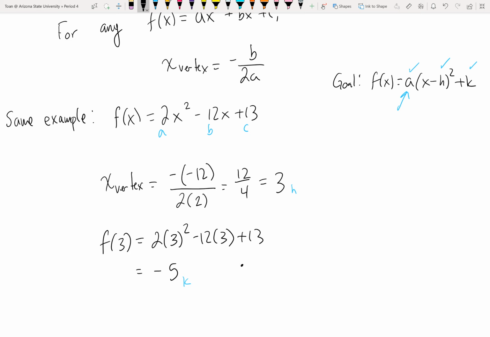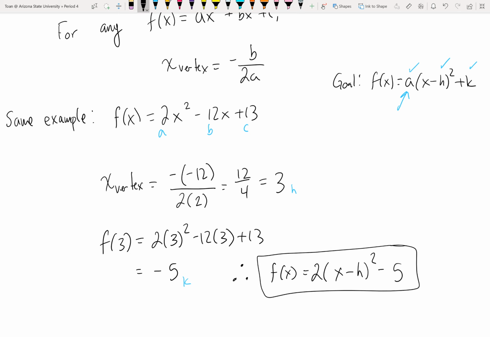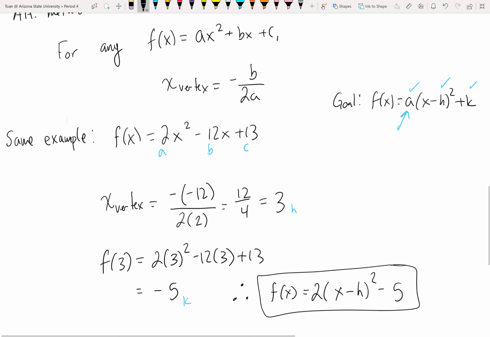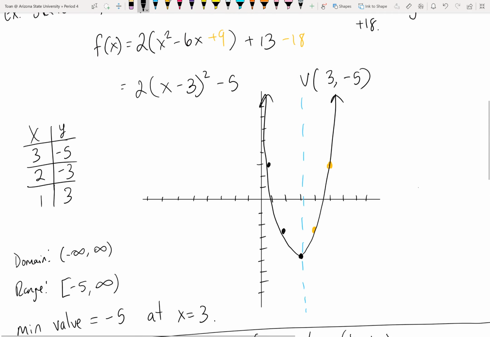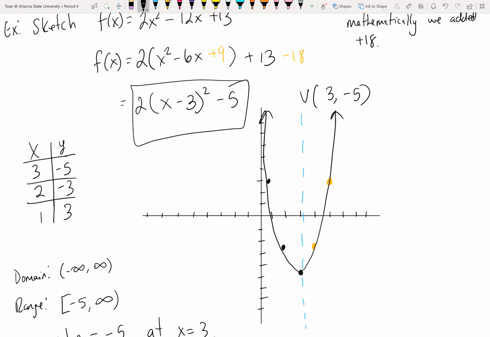Therefore, f of x equals the a, which is 2, times x minus h, which is 3, squared, plus k, which is a minus 5. So I'll delete that plus and put a minus 5. This is the vertex form of the original problem, which, by the way, matches what we got in the previous example.